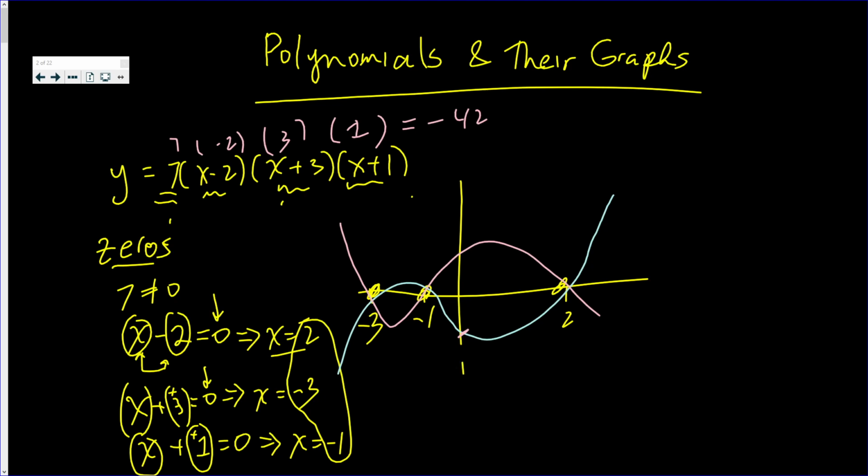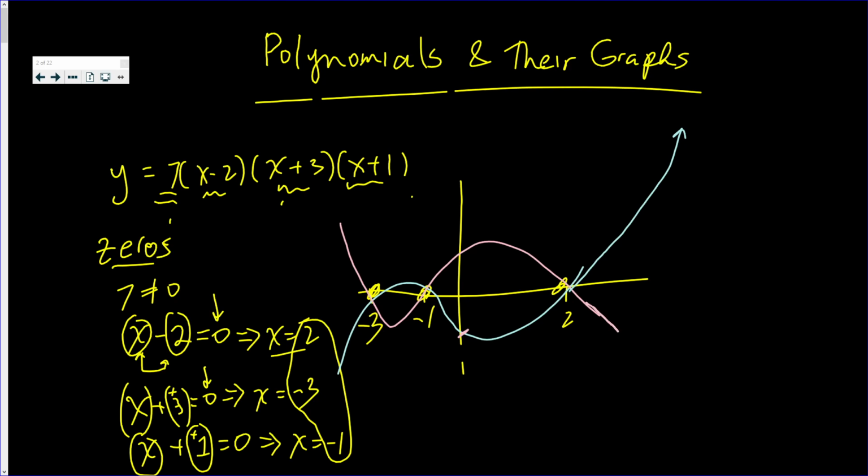But I don't like doing it that way. Especially if x equals 0 is a zero. Okay. In the blue graph, when x is really large, the graph takes off. In the pink graph, when x is really large, it's very negative.